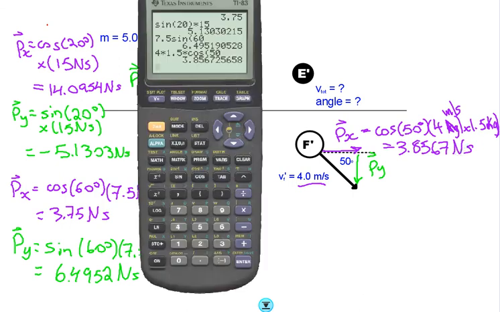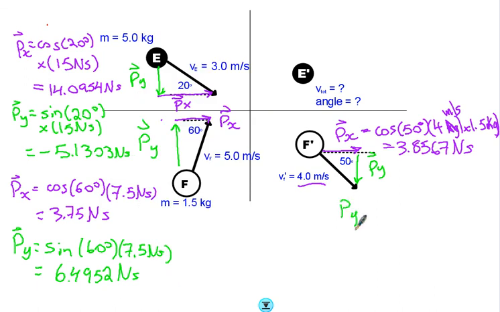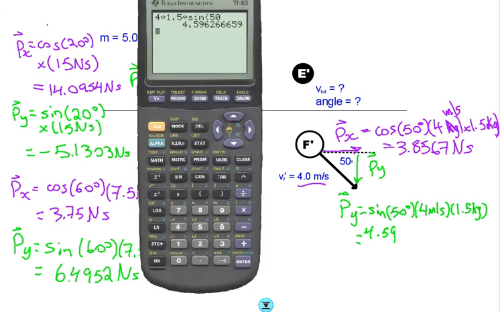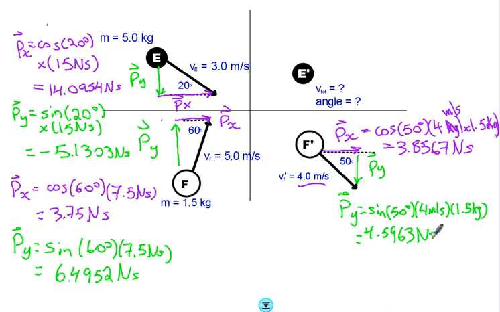And the y. So 4.5963 Newton seconds. And that one is also going down, so I got to put a negative sign in front of that.